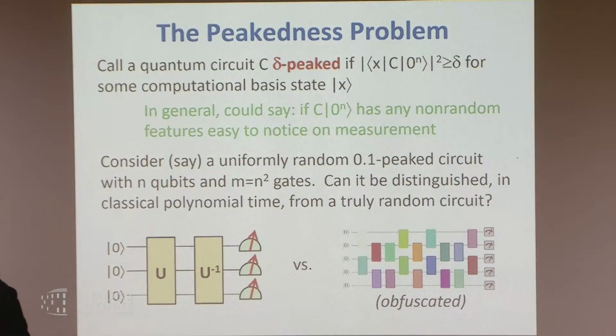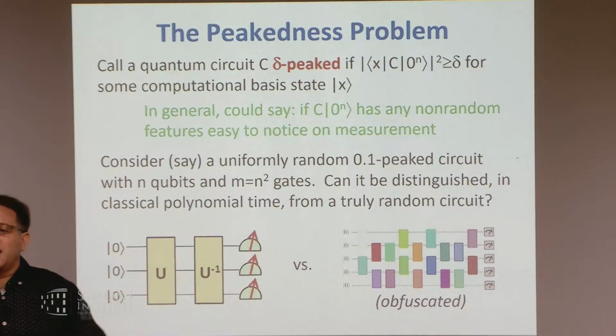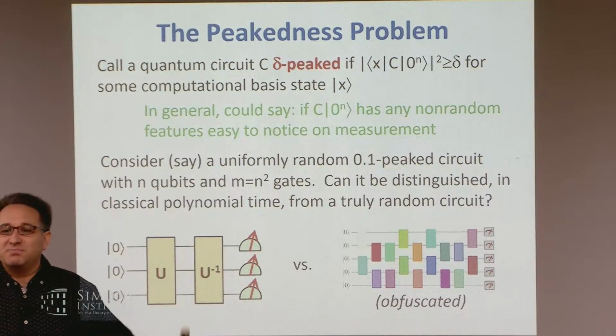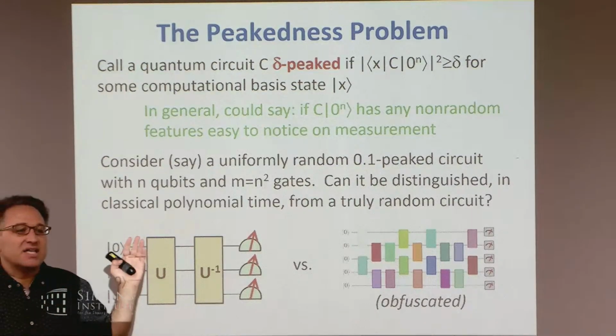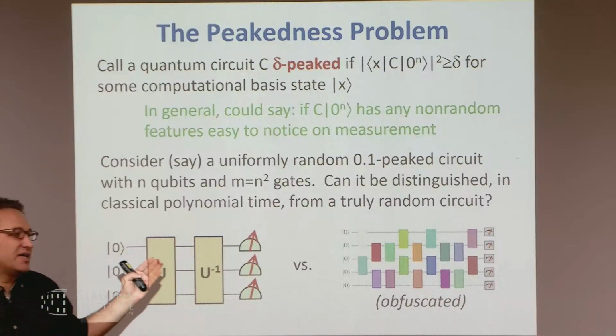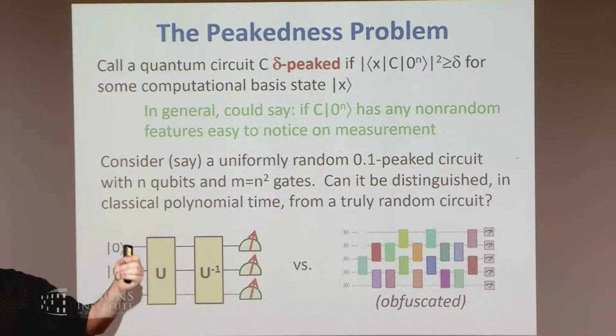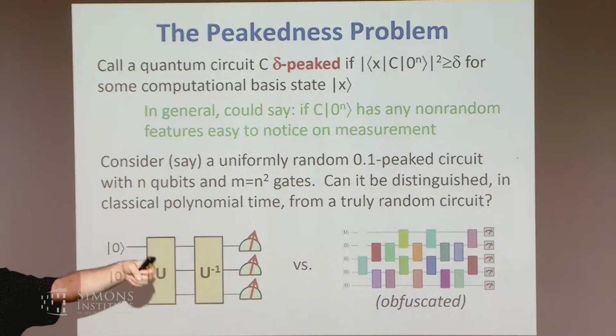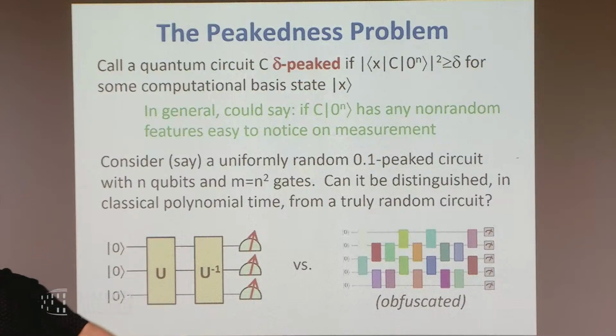But now after generating the circuit, I'm going to throw it out unless it happens to be, let's say, 0.1 peaked. So I'm going to condition on the event that my circuit is highly peaked. I'm going to just post-select on that. I'm going to throw away all the circuits except the ones that have that special property.